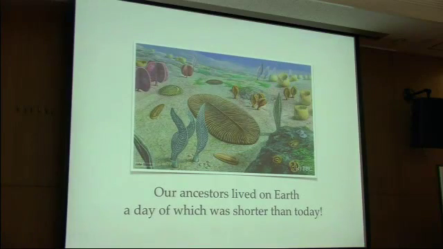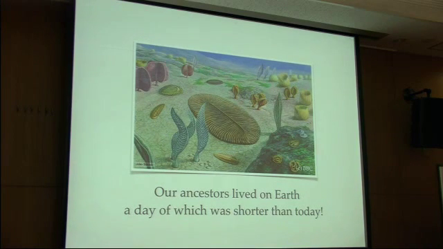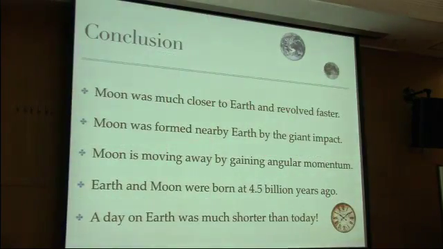Okay, so it's my last slide, and the last message of my lecture. Our ancestors must have lived on an Earth, a day of which was shorter than today. So, conclusions. The Moon was much closer to the Earth and revolved faster.